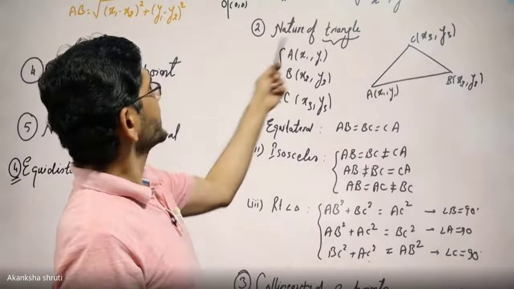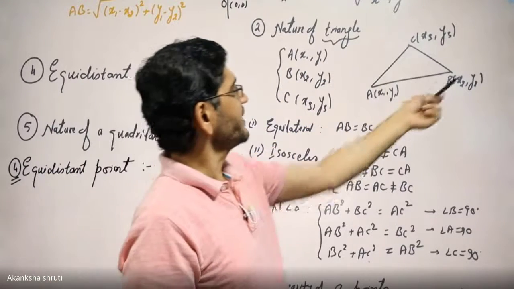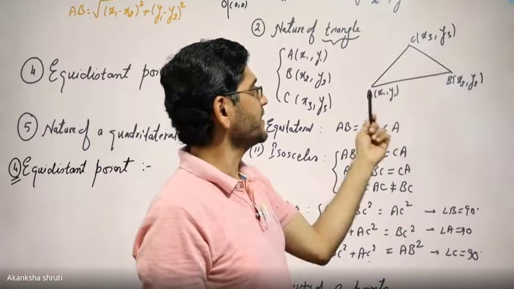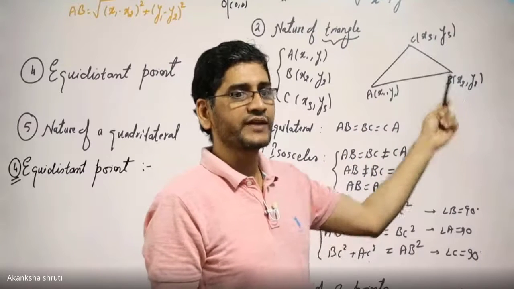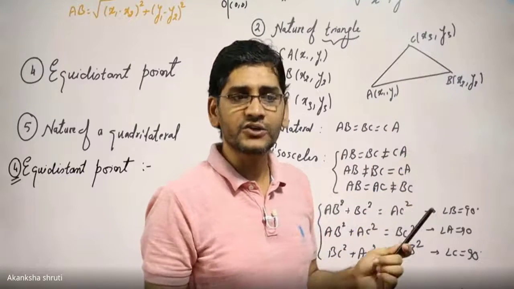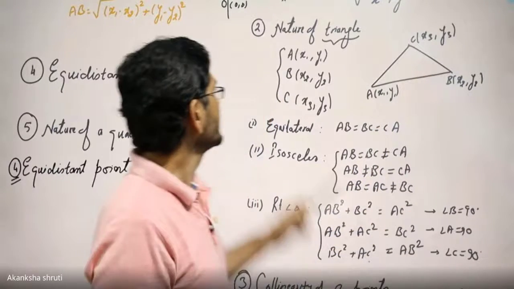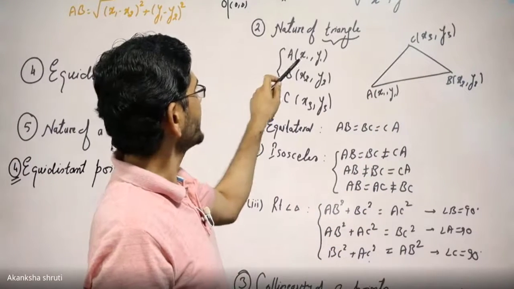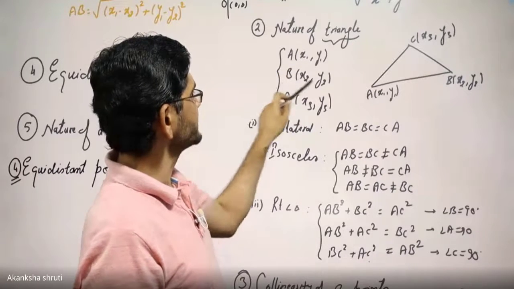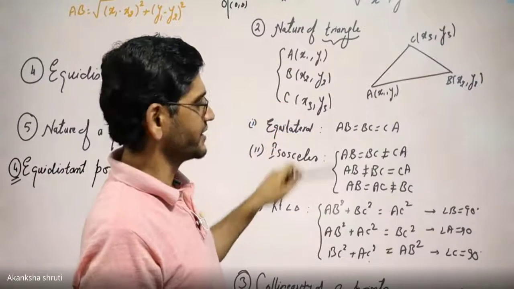Students, regarding the nature of a triangle, if A, B, C are the vertices of a triangle, the coordinates of the vertices A, B and C are known to us. We have assumed A as x1, y1, B as x2, y2 and C as x3, y3.